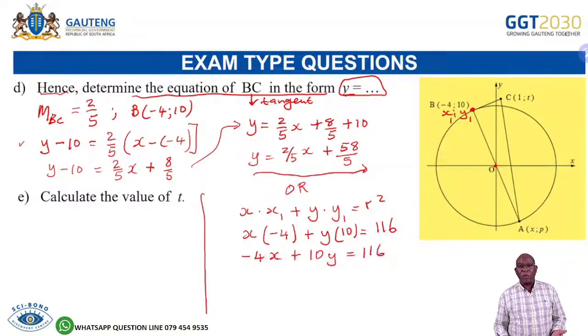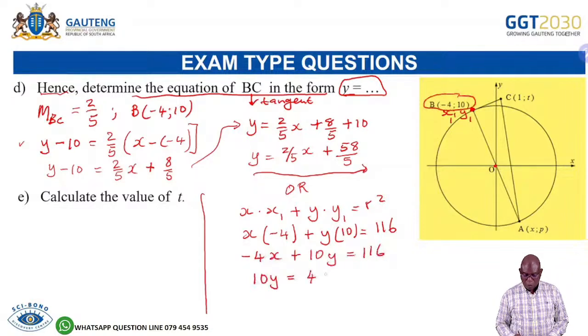Then I have to make y the subject of the formula. So I'm using 1 point. Can you see I'm using 1 point and the radius squared? So I'll have 10y equals to 4x. I've transposed the minus 4 plus 116. So y will be equals to 4 over 10x plus 116 over 10.